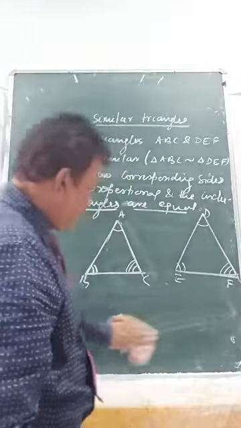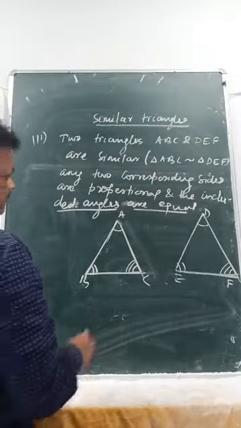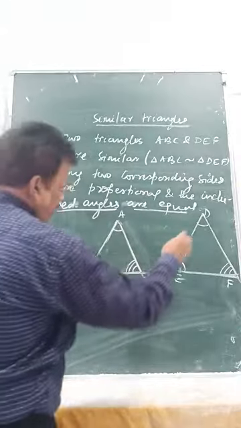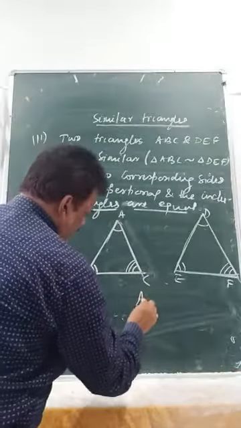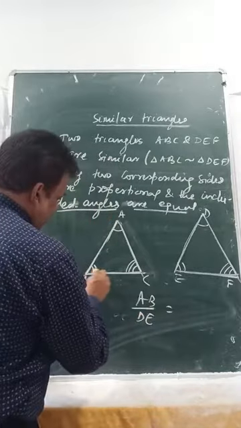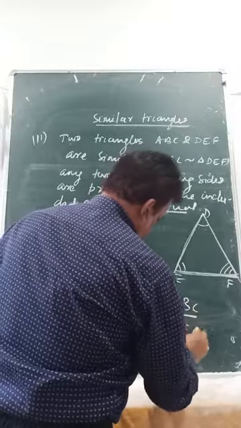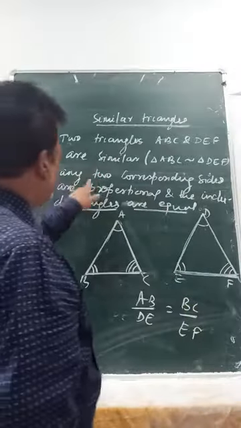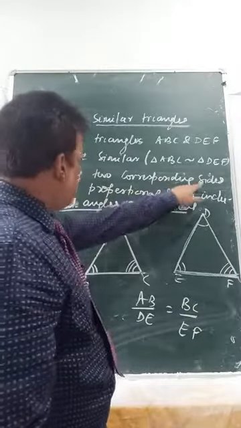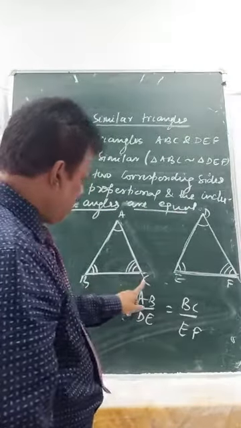First it is telling any two corresponding sides are proportional, means AB by DE, BC by EF, any two sides. Any two corresponding sides are proportional: AB by DE, BC by EF.